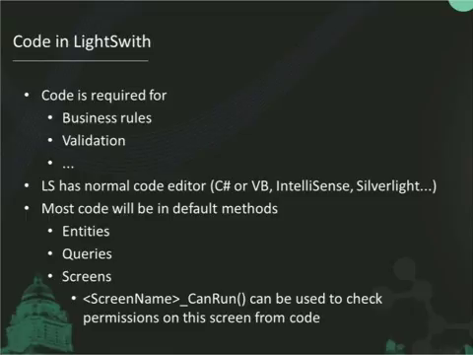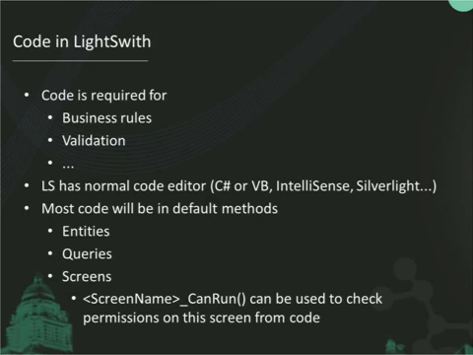So when we want to write a validation rule, or a business rule, or a computation rule, LightSwitch has a particular place for each property of each entity where you can write that. So most of your code, if you don't go really out of the lines of what LightSwitch prescribes, you will write in the pre-generated methods.